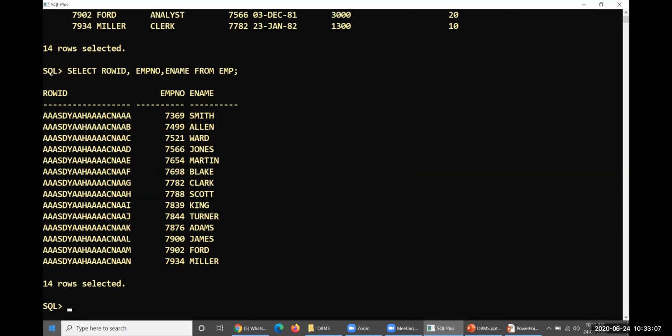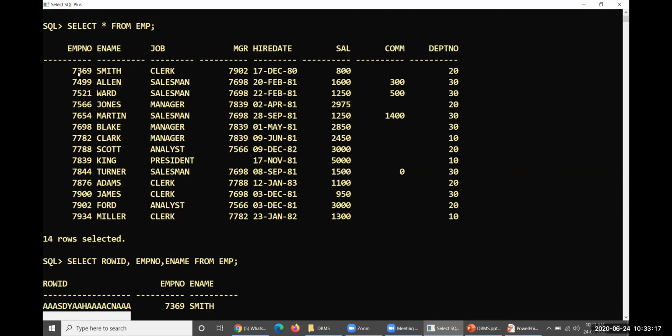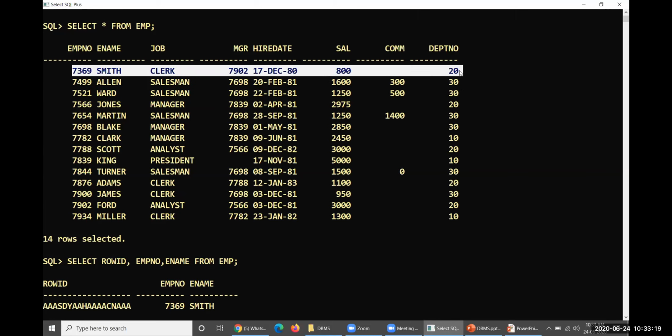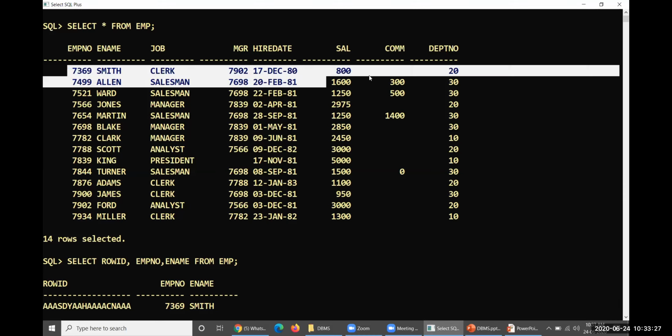If you take something like this, it displays some values. Please observe, ROWID was automatically created. It is created because it shows where exactly this complete row has been stored in our hard disk or secondary storage device.